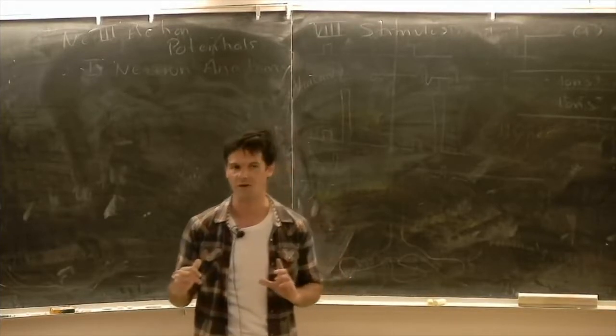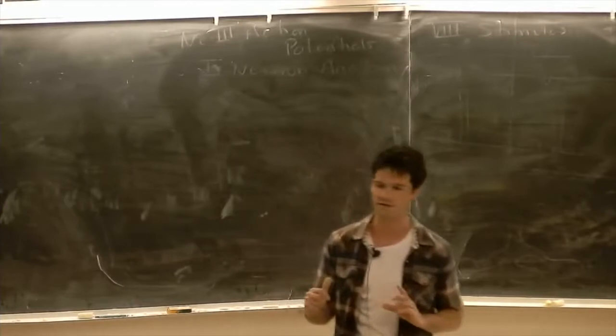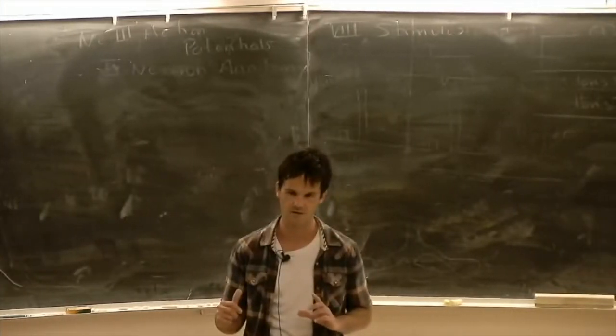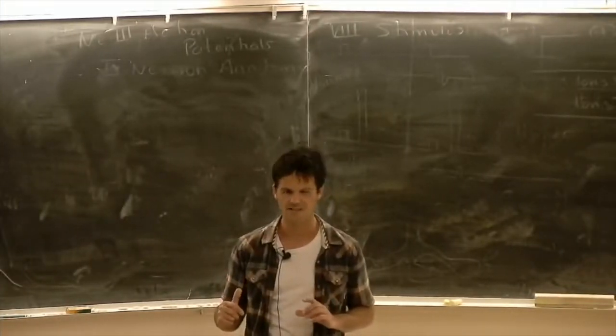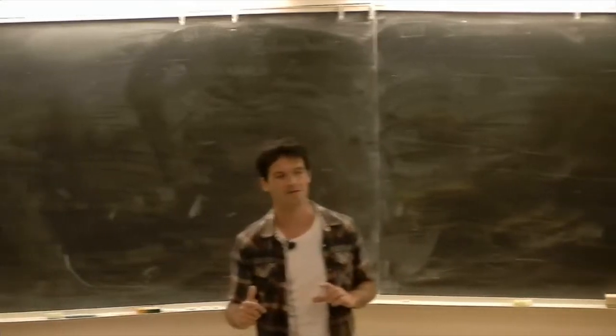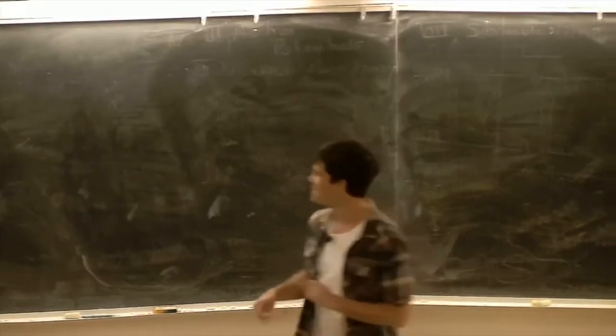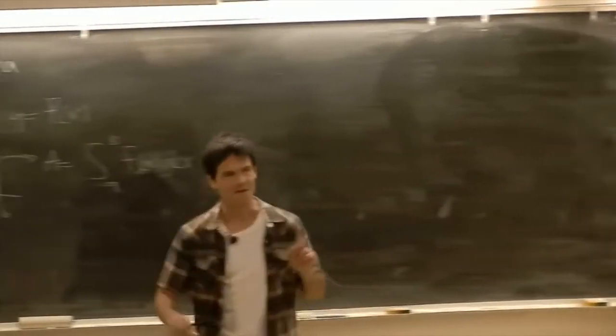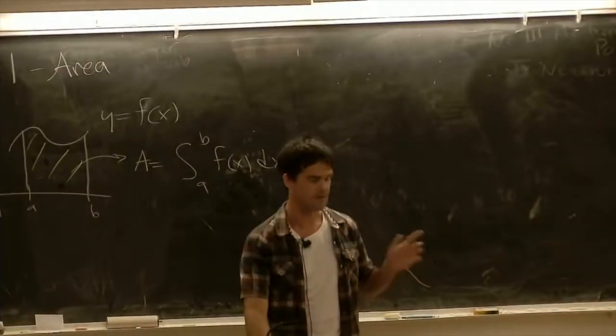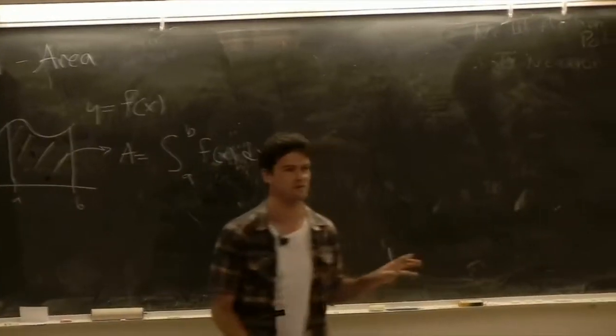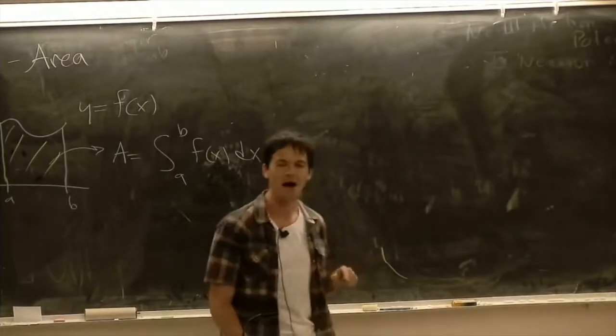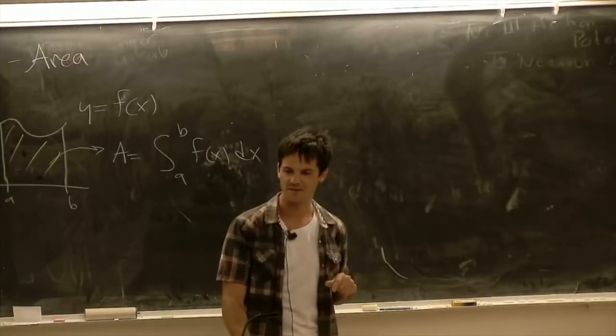You guys know why the Greeks had such a big problem trying to find the area of a circle? It's because they didn't really know what pi was. In fact, about 2,000 years ago, some people thought that pi was equal to 22 over 7.